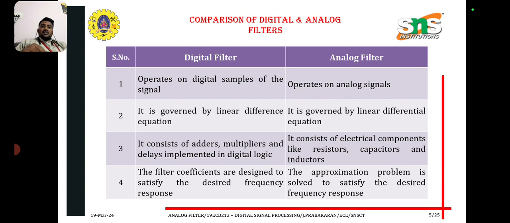A digital filter consists of adders, multipliers and delays implemented in digital logic, whereas an analog filter consists of electrical components like resistors, capacitors and inductors. In a digital filter, the filter coefficients are designed to satisfy the desired frequency response. In an analog filter, the approximation problem is solved to satisfy the desired frequency response.